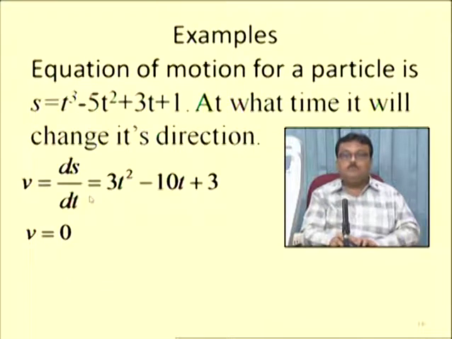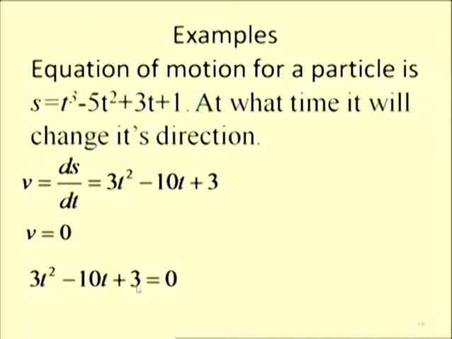So if we put v is equal to 0 here, we have 3t square minus 10t plus 3 is equal to 0. If we factorize this, 3 into 3 is 9, so two factors of 9 are 9 and 1, and their summation is 10. So we have 3t square minus 9t minus t plus 3.